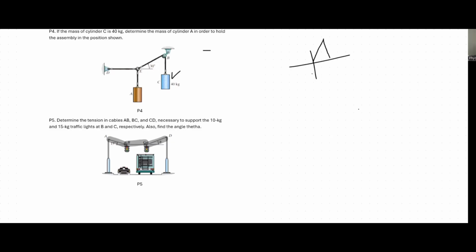So we are looking for the angle theta here. This is our angle theta. This is TCD, and this is TCDx.